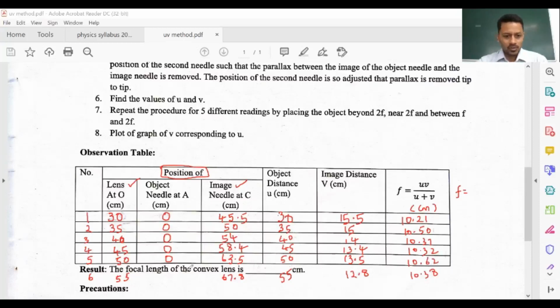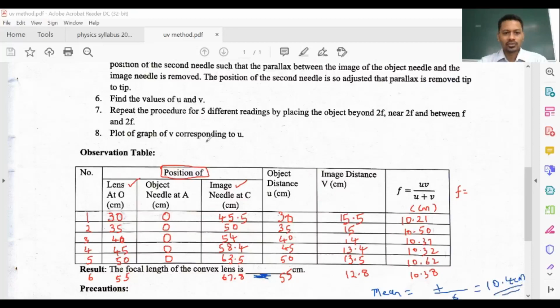Okay, then you have to find the focal length of the convex lens is dash centimeter. When they say focal length of the convex lens is dash centimeter, they mean the mean of all these values. So when you find the mean of all these values, that is 10.21 plus this, you know very well how to find the mean, divided by 6, you get the answer as 10.4 centimeter.